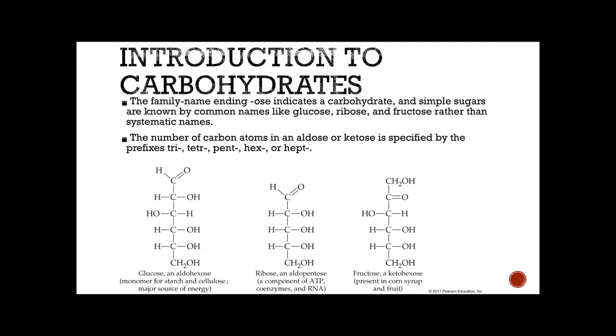Okay, carbohydrates have names ending in -ose. For example, we have glucose, fructose, or ribose, all of those that are listed there with the structures. A monosaccharide with 3 carbon atoms is referred to as a triose. Then 4 carbons is a tetrose, 5 carbons is a pentose, 6 carbons a hexose, and 7 a heptose.